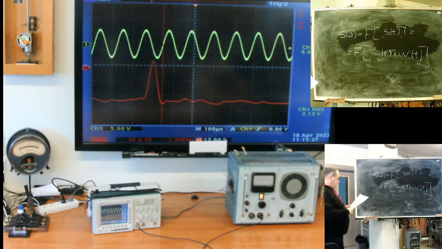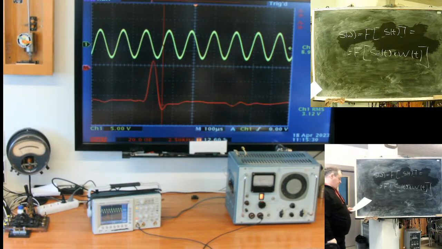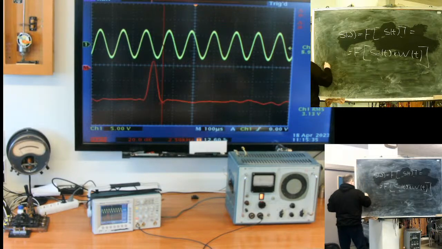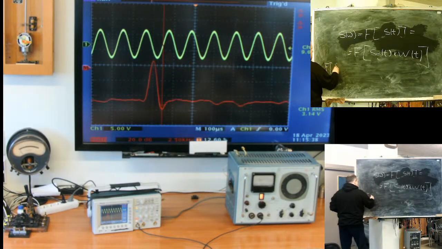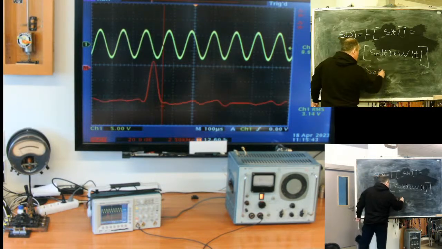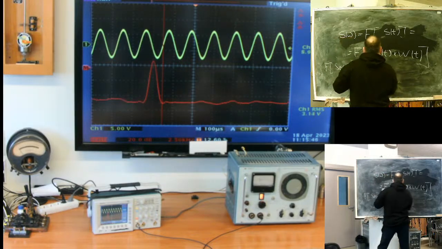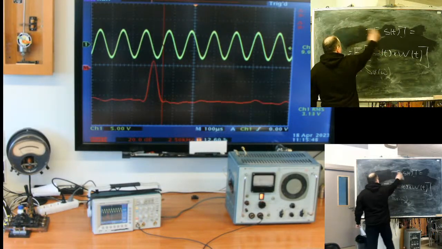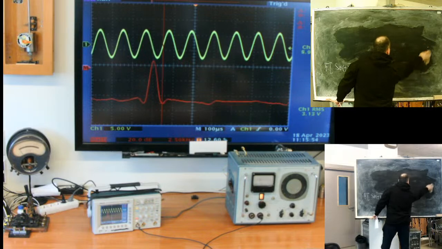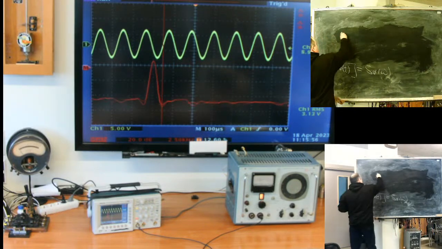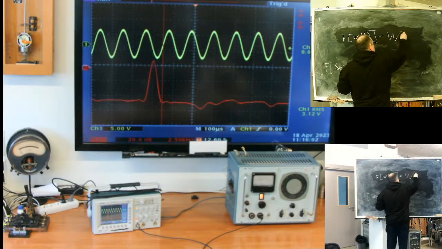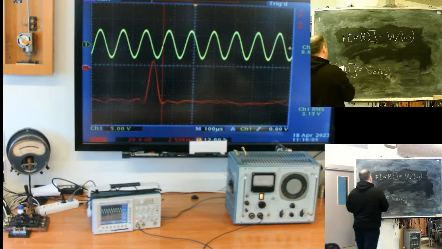Good. If we perform a Fourier transform on the original signal, we will get a function of frequency. Same thing if we perform a Fourier transform on the window function, we get it represented as a function of frequency.